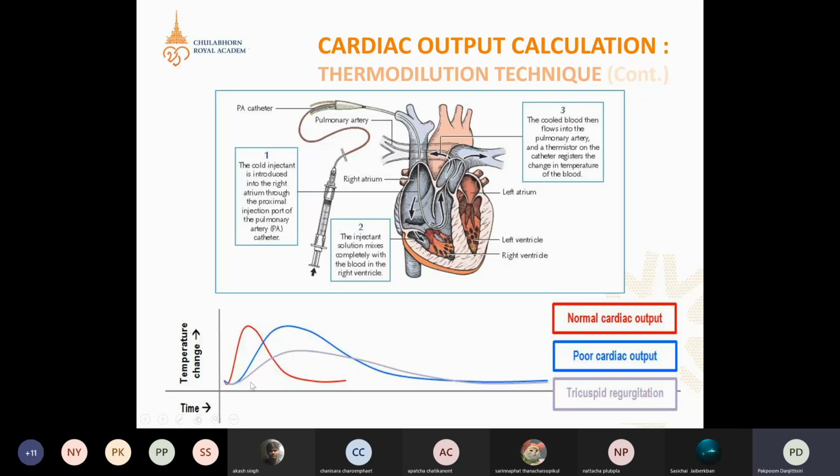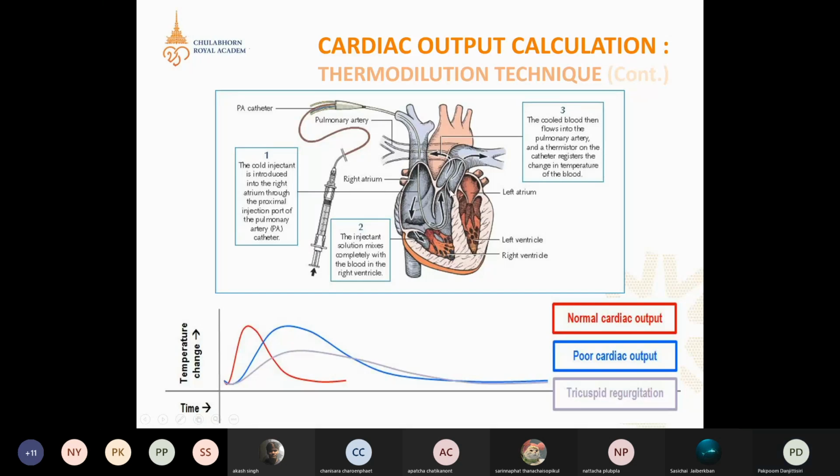But what about the time? I'm not sure about this, but in normal cardiac output, if the patient has tricuspid regurgitation, definitely some of the mixed volume will be shared back. After right ventricle contraction, the blood will go back to the right atrium, right, and some blood goes to the pulmonary artery.